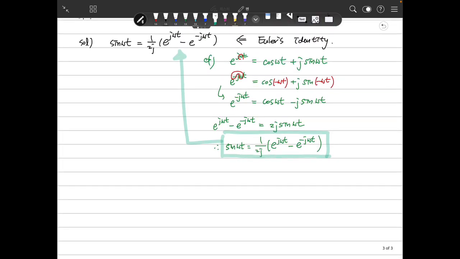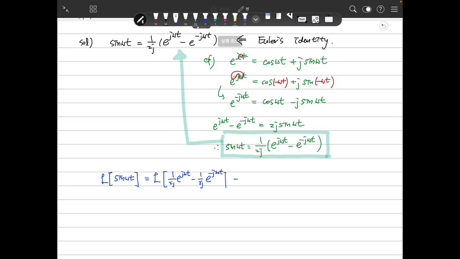Okay, then we need to calculate all the Laplace. Here I will use the blue one. Laplace of sine omega t is the same as Laplace of 1 over 2j exponential j omega t minus 1 over 2j exponential minus j omega t.